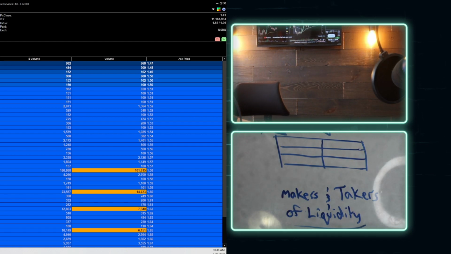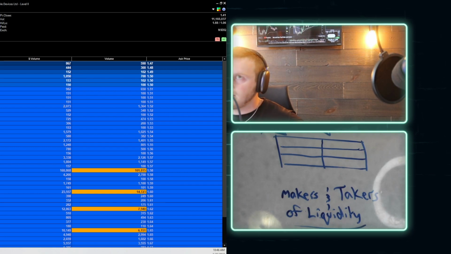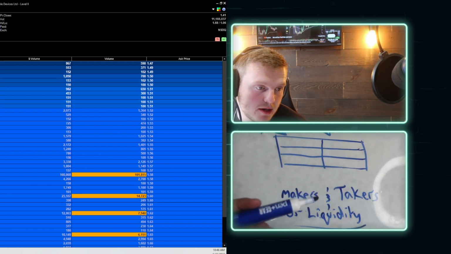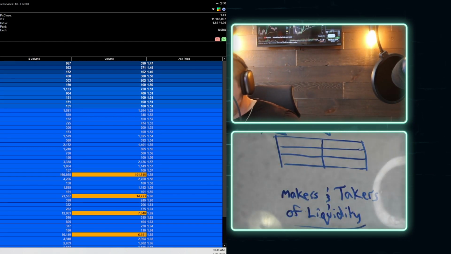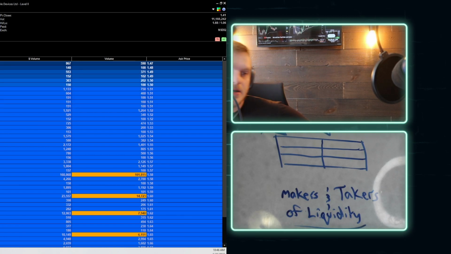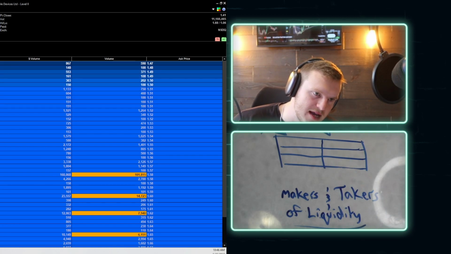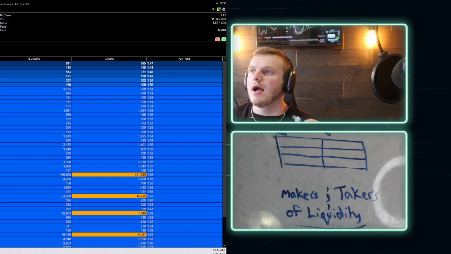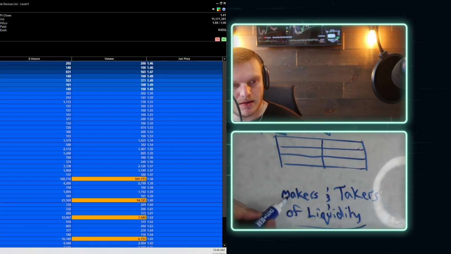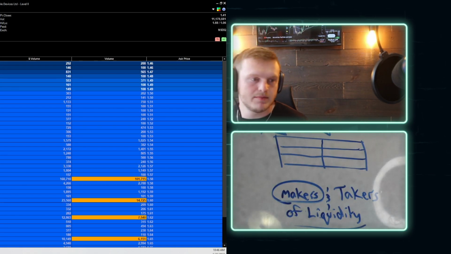I am charged with higher commission rates. You're rebated if you're a maker. If you're a taker like me, you're charged higher commission rates. But you also don't see their orders on level 2 because they're taking that liquidity away from you. However, you can still predict breakouts from the makers.